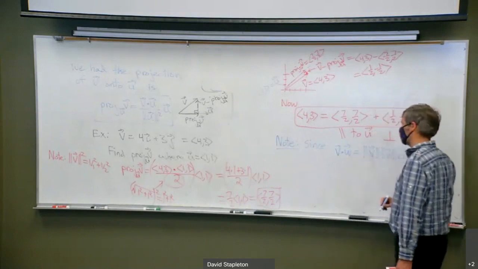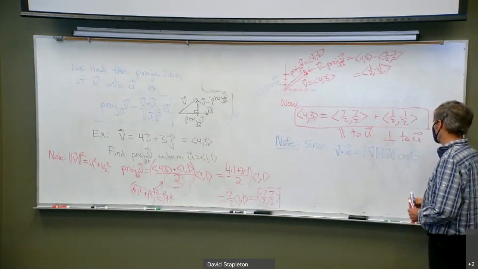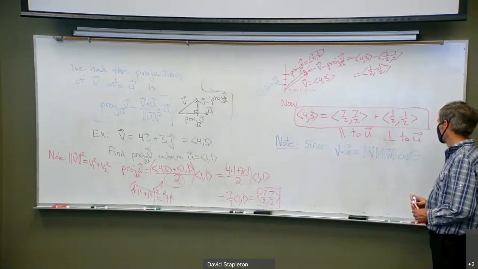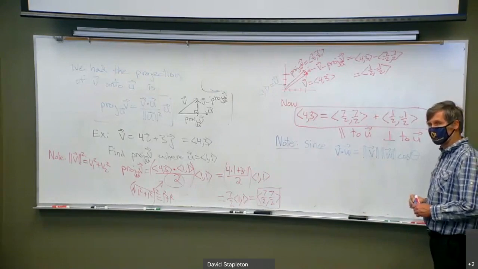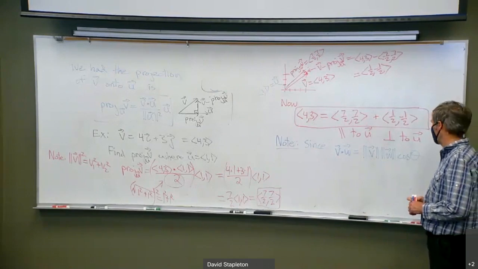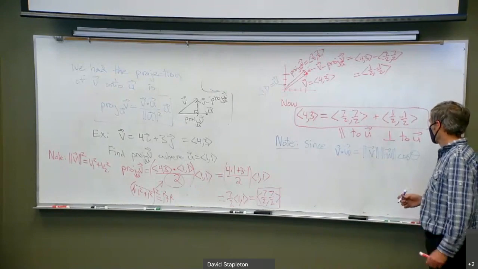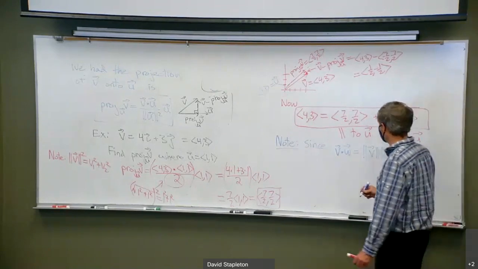That was our theorem that made these dot products so useful. How do you know when these vectors are perpendicular? The dot product is a very easy way to find out. This is equal to 0.